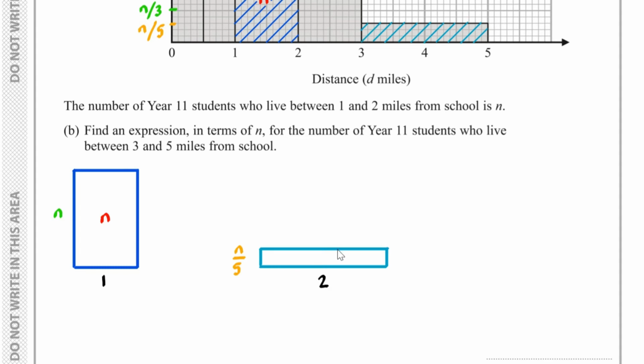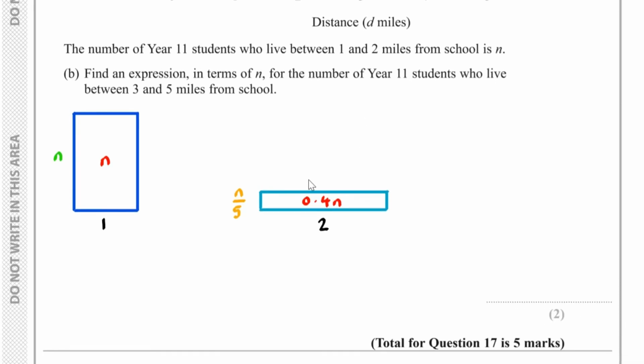A fifth times 2 is 0.4n. So the number of students will be given by 0.4n.